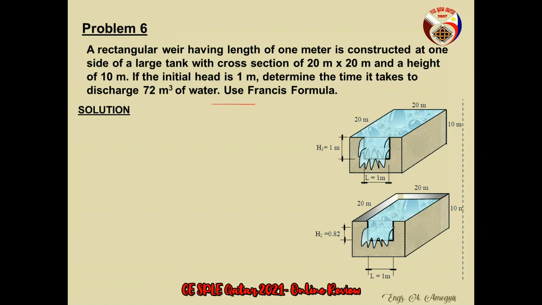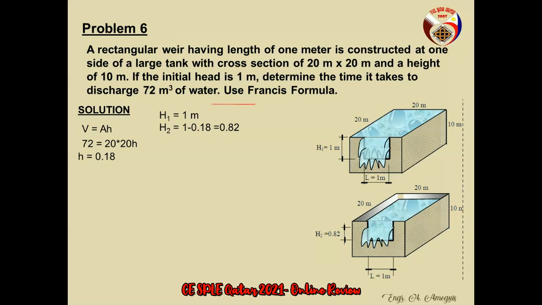Yung difference, divide mo ng area. So, ganito lang siya. Volume is 72, equals 20 by 20 times height. Yung height na ito ang na-release, yung decrease or change, 0.18. So, therefore, yung final head is, instead na 1 meter, 0.82 na lang. So, ito yung case of falling head, dropping head, changing head.